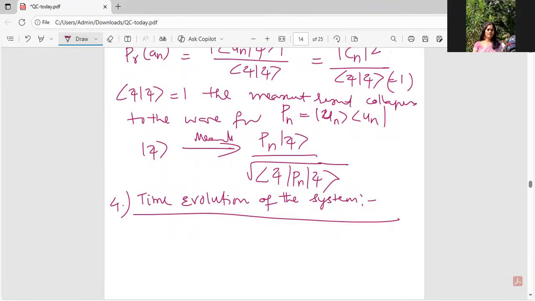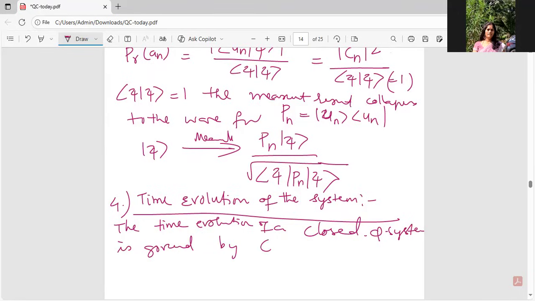Okay. Yeah. The time evolution of a closed quantum system is governed by the Schrodinger wave equation.